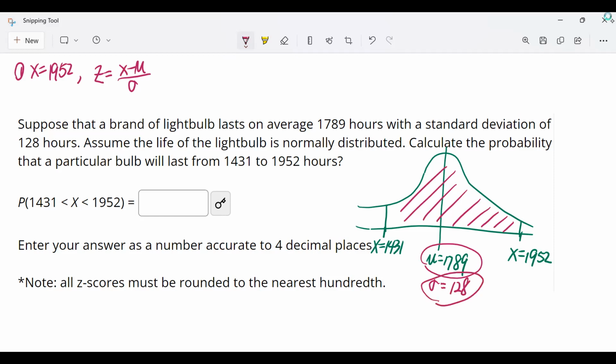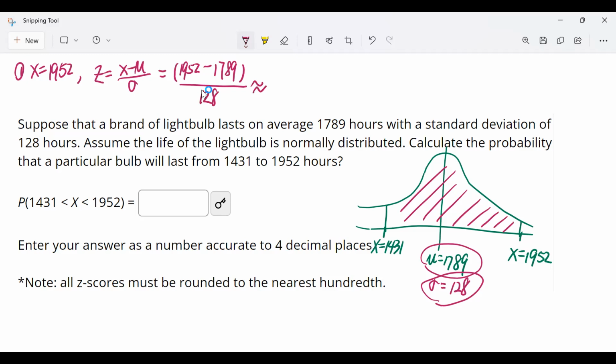So put all the numbers in: 1,952 minus 1,789 over 128.